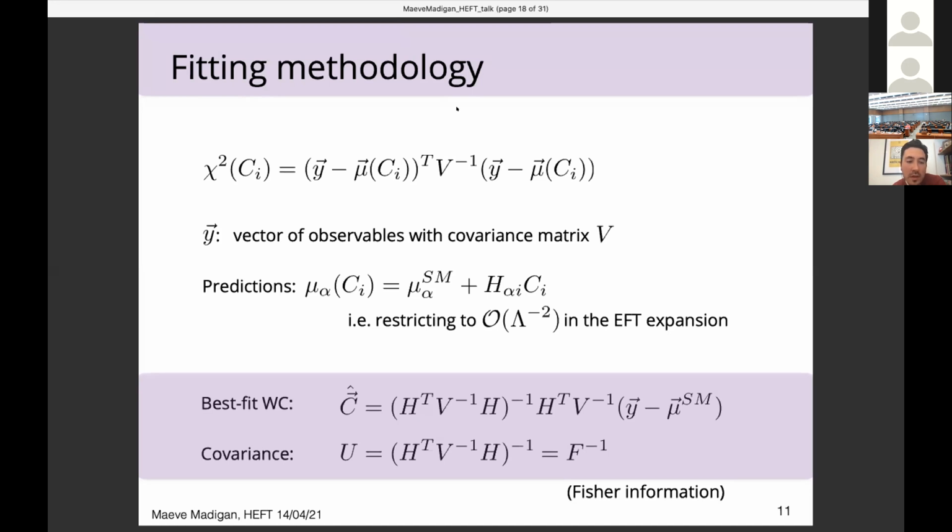That's a good point. Actually, I remember there was a paper by Chris Murphy who proposed a way of doing it in the profiling way by introducing regulators in the chi-squared, which are equivalent to using a prior. So that's something we could use to check where these directions are. Yeah, that would be interesting.